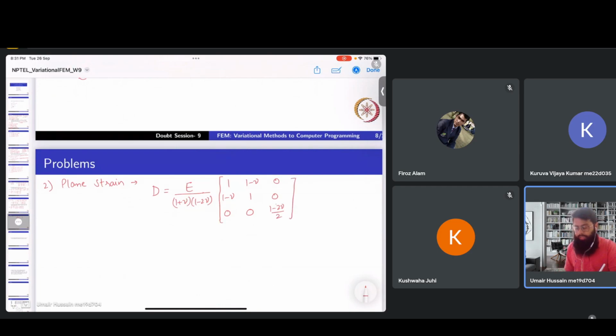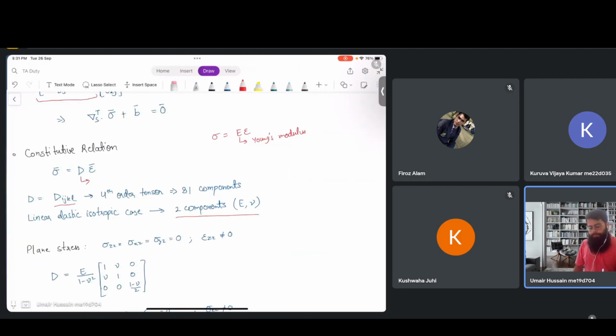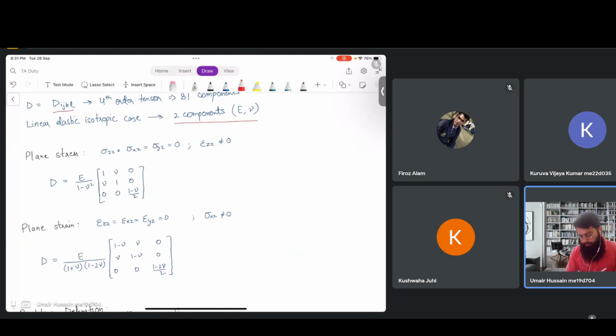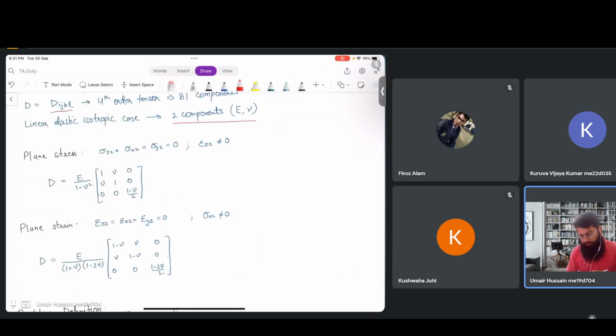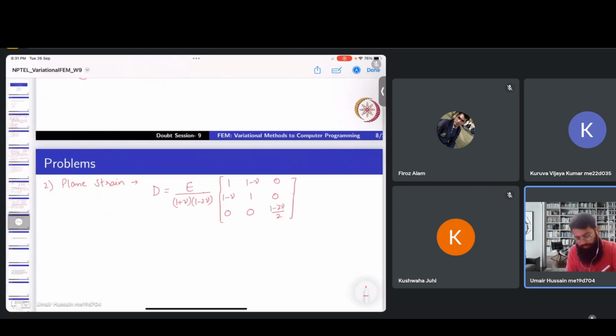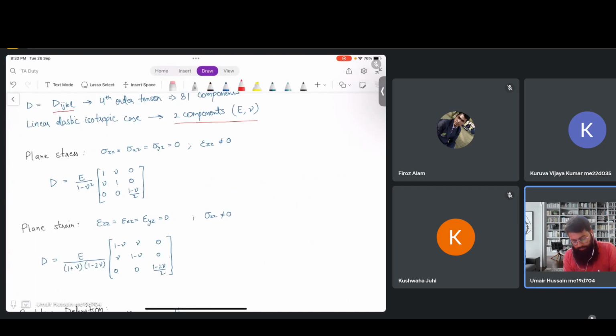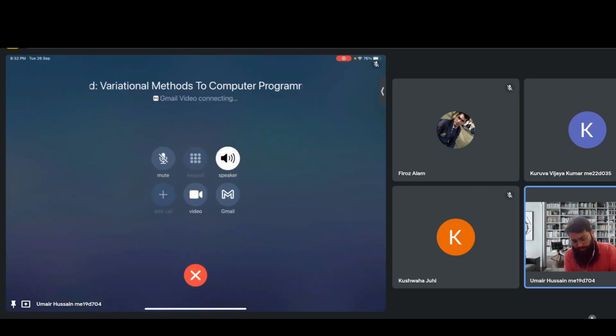I hope this is correct, please check. 1 plus nu minus 2 nu. Well, okay, this is wrong. This change here is only on the diagonal elements. So minus nu is added to each of the diagonal elements here.